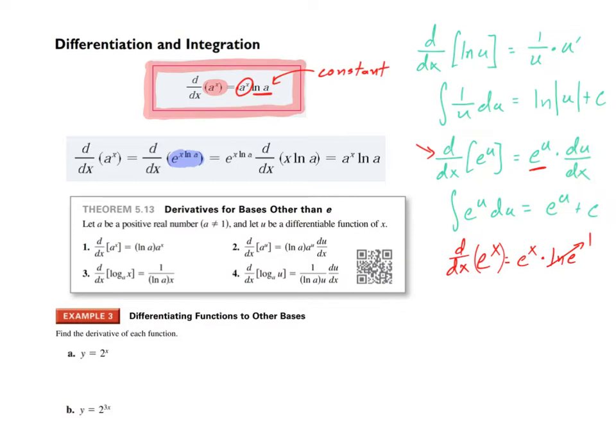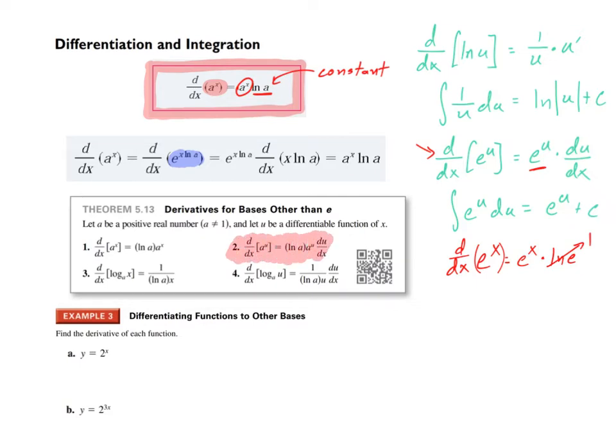Again, the derivative of any exponential function is the original exponential function rewritten without any change times natural log of the base times the derivative of the exponent. And that is what is illustrated here in number 2.